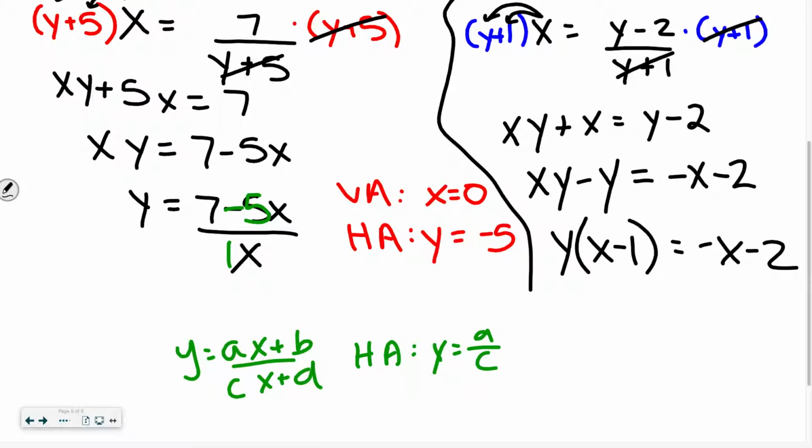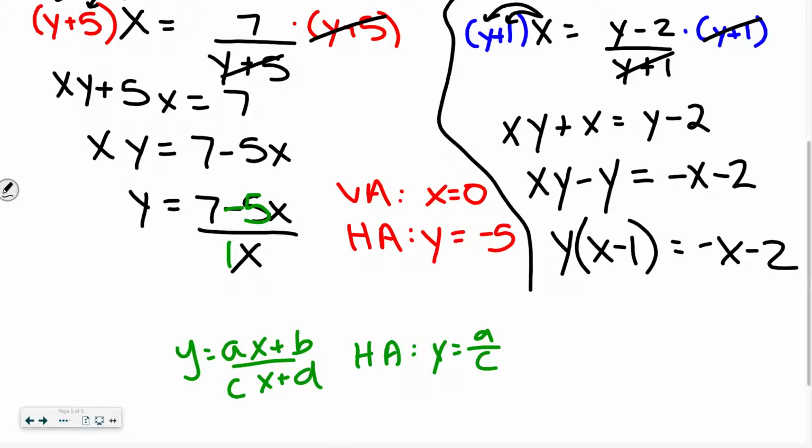Another way some people may see that is if you're doing xy minus y, that's like doing 3y minus y. And don't you normally do 3 minus 1 and you get 2y?